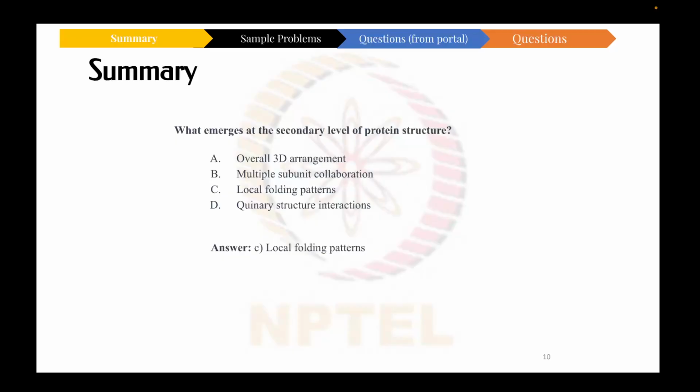We see local folding patterns which lead to the formation of alpha helical or beta sheet structures.